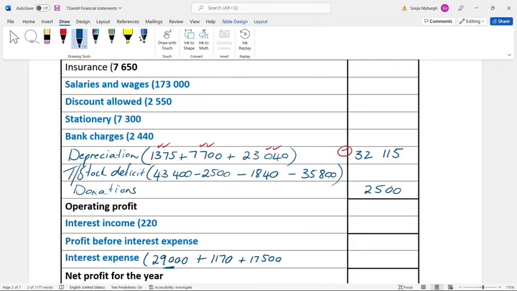Trading stock deficit 3,260. The 35,800, this is the amount that will be shown on the balance sheet, statement of financial position, because this is how much stock we have on hand.